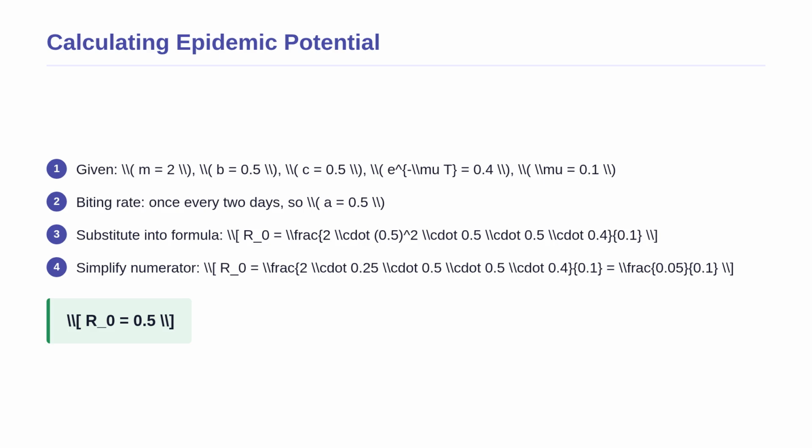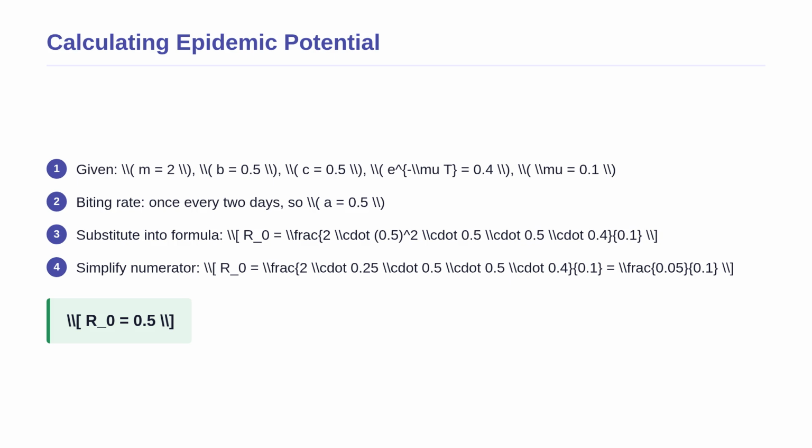Before we move on, let us see this formula in action with a concrete example. Suppose we are studying a village where the mosquito-to-human ratio is 2. The transmission probabilities are both 0.5, the survival probability is 0.4, and the daily mortality rate is 0.1. The mosquito bites once every 2 days, making the biting rate 0.5.